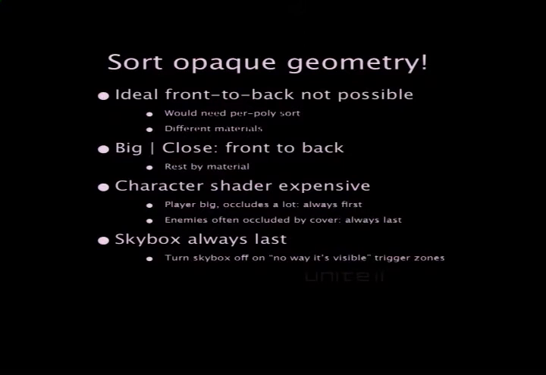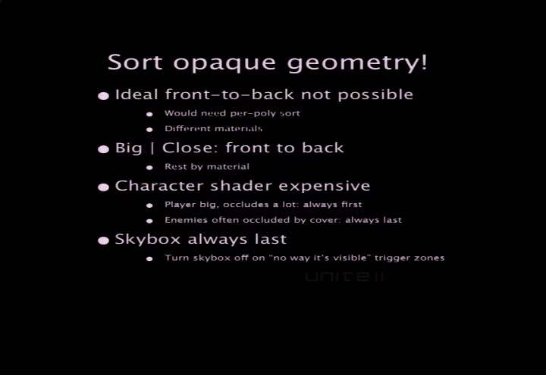We knew the enemies' shader is quite expensive, and they're usually sitting behind cover, so we would force them, using the render queue as well, to render after all geometry. That would help Tegra reduce the overdraw.